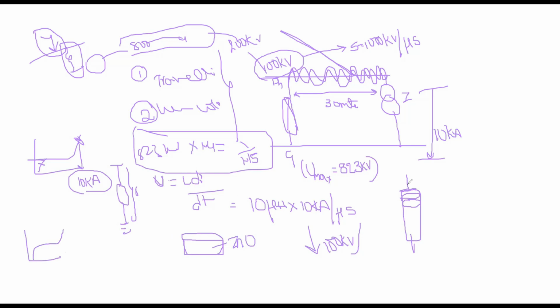So when 10 kiloamps of current passes through this in a single discharge, obviously energy will accumulate there. That should not exceed the metal oxide resistor thermomechanical overstress limits. That value we call the single impulse energy absorption capability of my lightning arrestor, because I am talking about a single discharge.